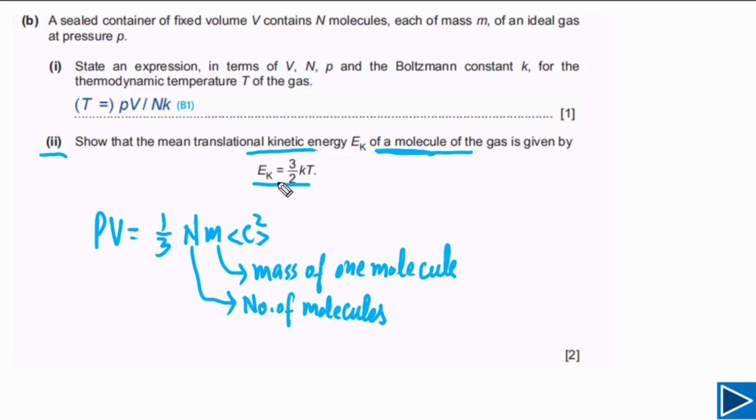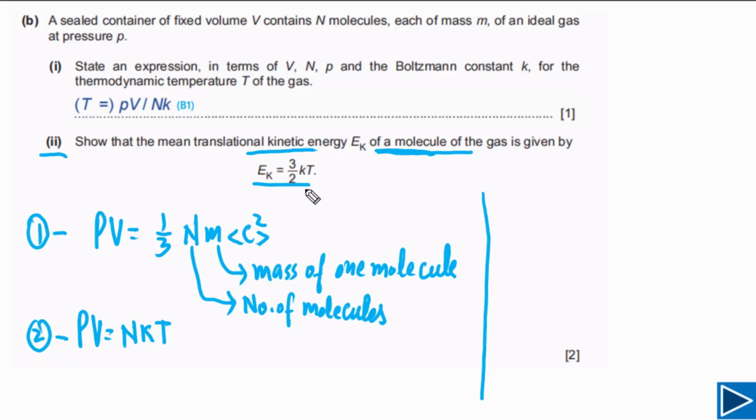Now we need to prove that Ek is equal to 3/2 kT. But we have also said that PV is equal to NkT in part 1. Now simply we need to equate these two. We can say this is 1 and this is second equation. We need to equate these two to find this expression. So now simply we can say that 1/3 Nm mean square speed is equal to NkT.